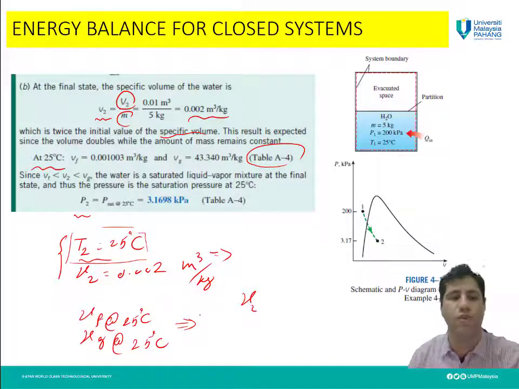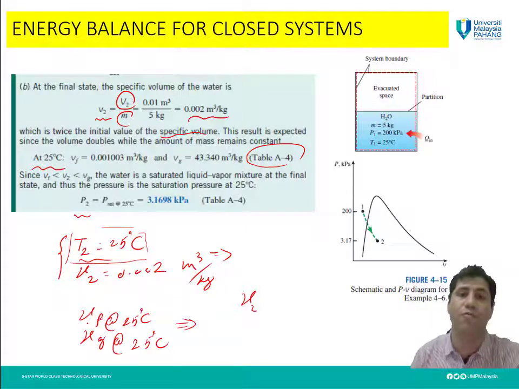If v2 is higher than vg, we have superheated vapor. If v2 is lower than vf, it means we have a compressed liquid.